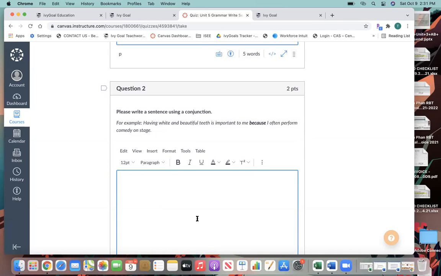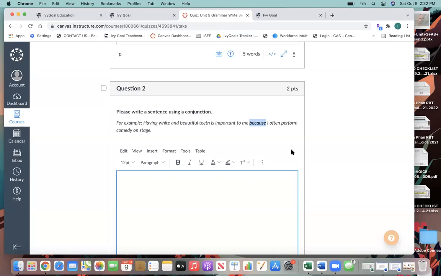Write a sentence using a conjunction. What's the conjunction in this sentence? Because, right? Having white and beautiful teeth is important to me because I often perform comedy on stage. What are conjunctions usually used for?